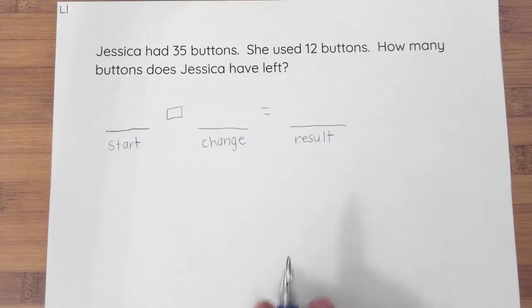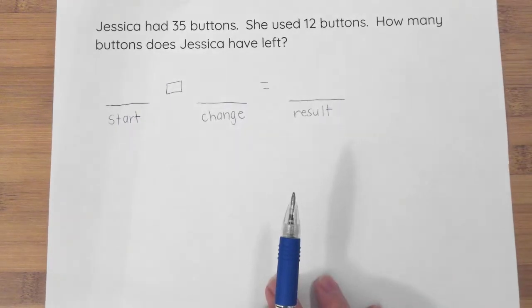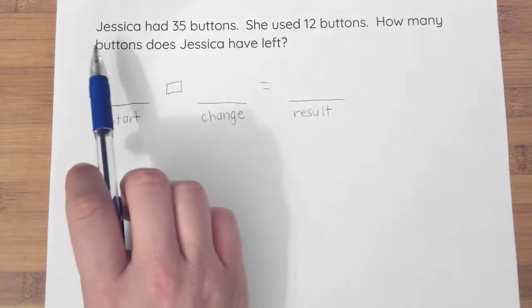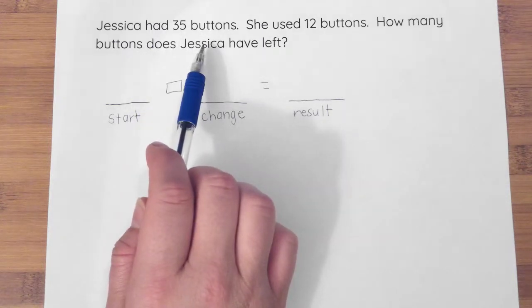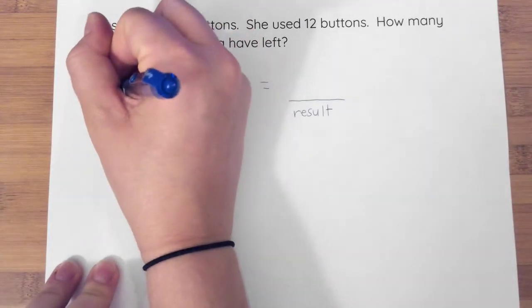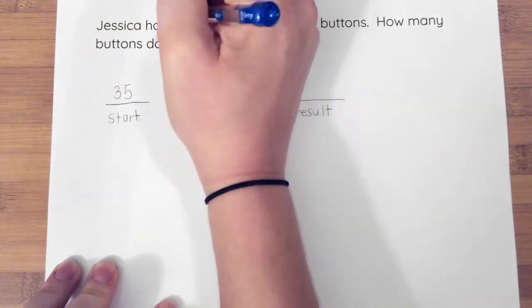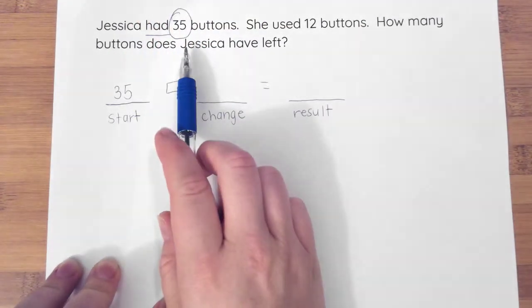And I'm going to just think about my equation before I begin and think, what do I know in this word problem? So if I read the first sentence, it says Jessica had 35 buttons. So I'm thinking that she starts with 35 buttons. So that's what she started with.